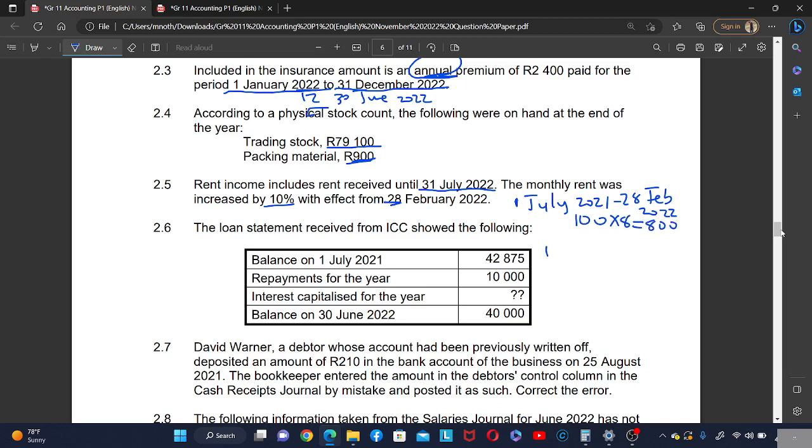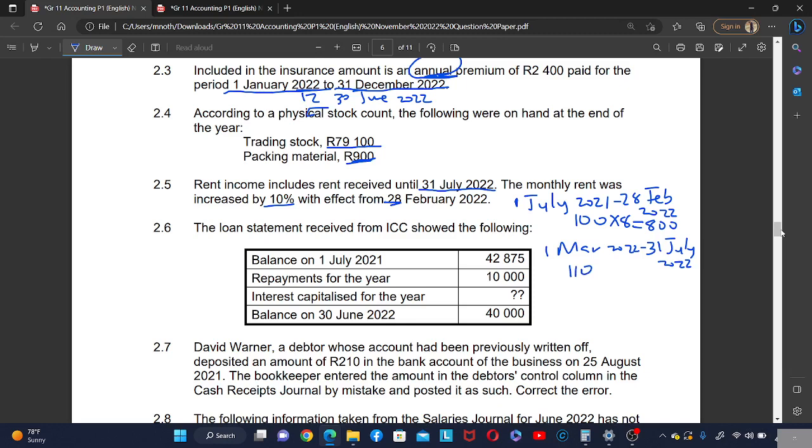And then from 1 March 2022 to 31 July 2022, because they are saying the rent was received till 31 July. The rent now was increased by 10%, meaning that now the rent was 110%.